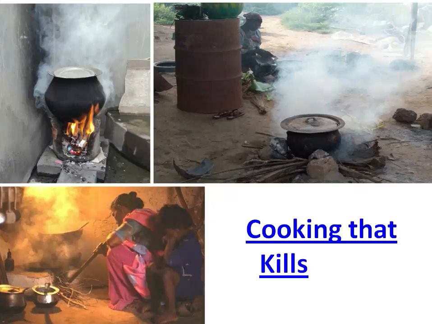Now here you can see how these people are affected by this indoor pollution. This cooking really kills them. They are using all that biological material, residual material, to cook their food, and that leads to a lot of pollution in their houses.